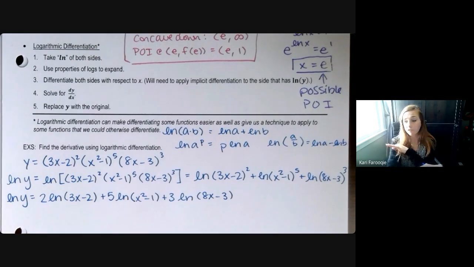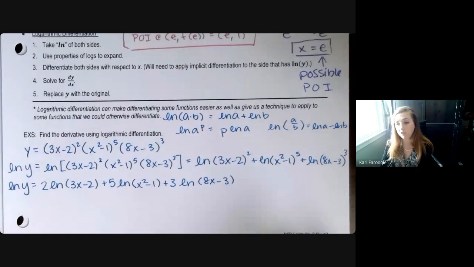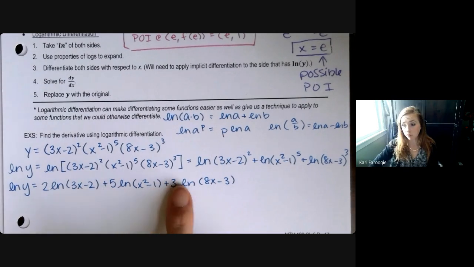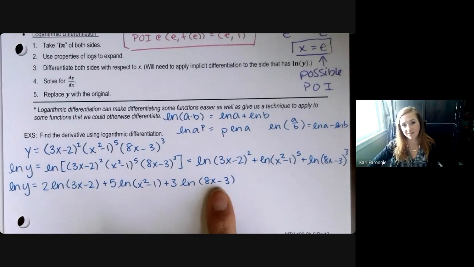Once you have this whole thing expanded using the properties of logarithms, then you'll differentiate using the rules for derivatives. Remember that the derivative of the natural log of f of x is f prime over f. So this is an f function, that's an f function, and this is an f function.